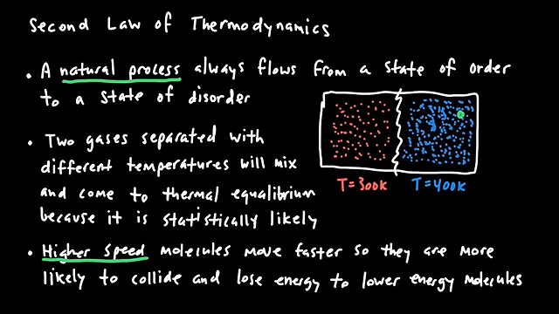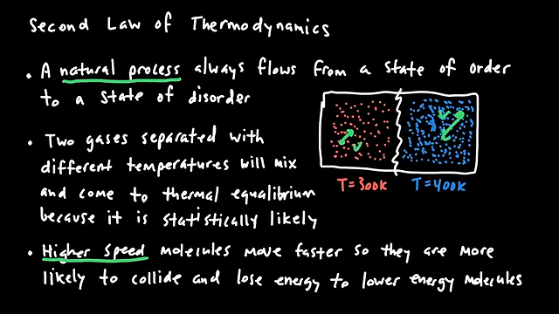And so in general, in this box, the speed of the particles on the right at the higher temperature is greater, and on the left where the temperature is lower, the speed is going to be less. On average, those blue particles are going to be colliding more and transferring more of their energy to the red ones. Are there cases where a red particle might give some of its energy to a blue one, or a blue one might give it to another blue one?